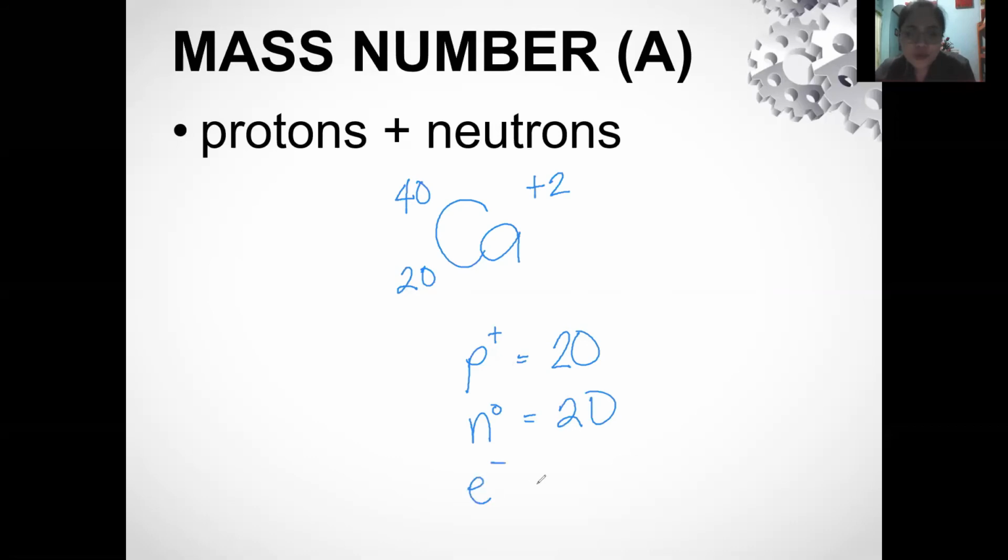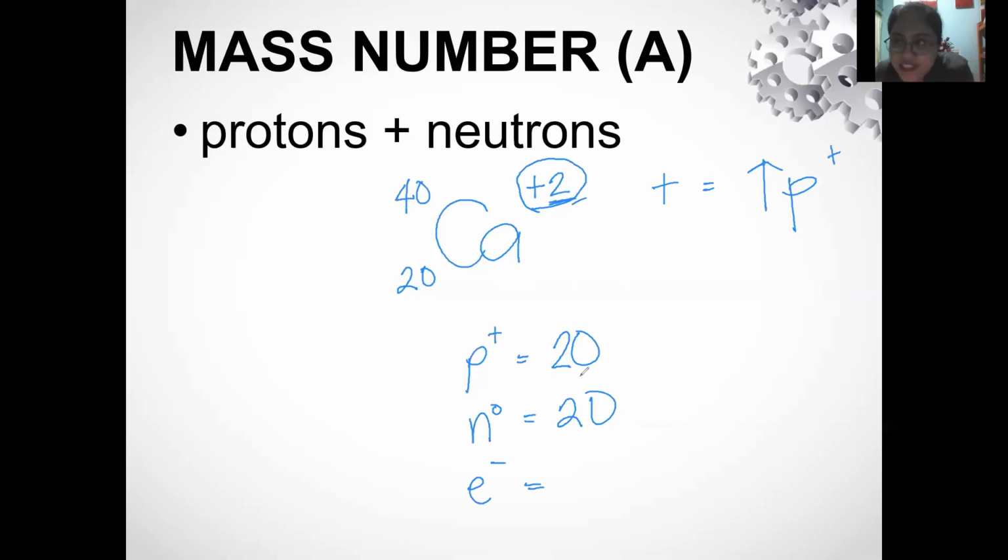And then the last one, electrons. Ngayon, meron kang charge, positive 2. Hindi na dapat magkapareho ang number ni protons at saka ni electrons. So this time again, kapag positive, meaning mas mataas ang proton. This time ng dalawa.